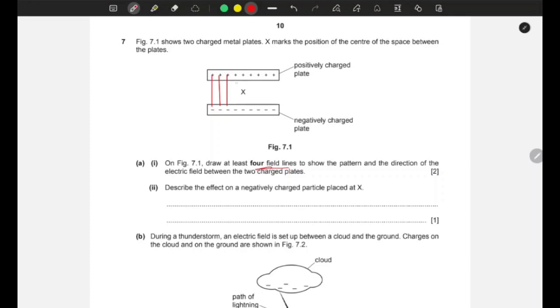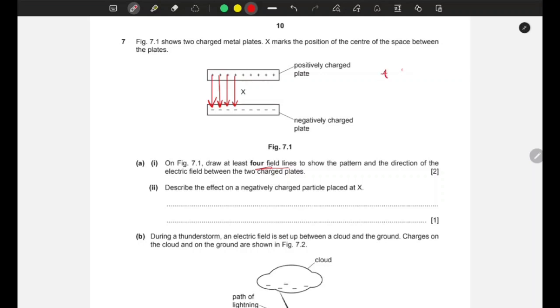At least 4 lines, so we can just draw 4. And next, they told us field lines, so whenever it's field lines, we consider the direction of the positive charge. The positive charge would move towards the negative charge because it's attracted to the negative charge. So the arrow should point to the negative one.